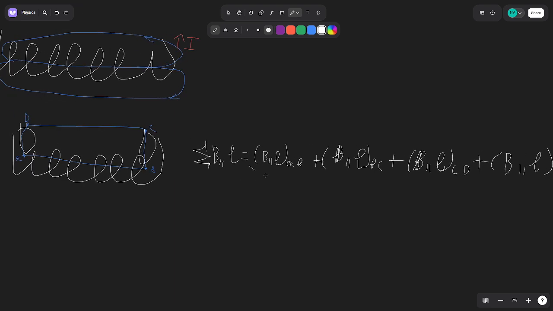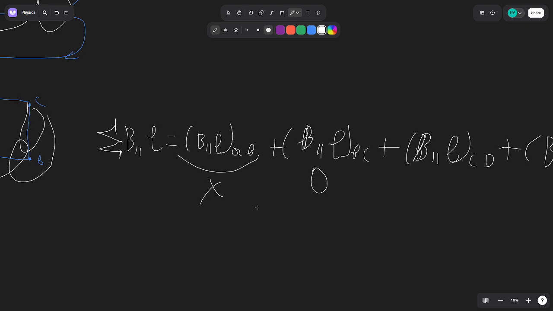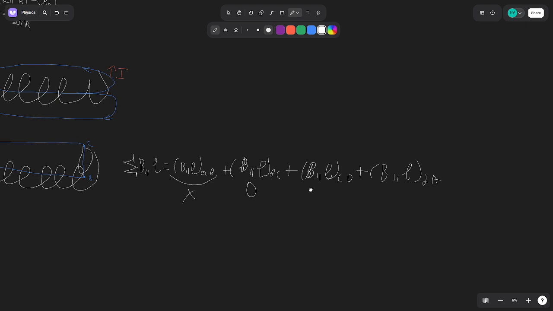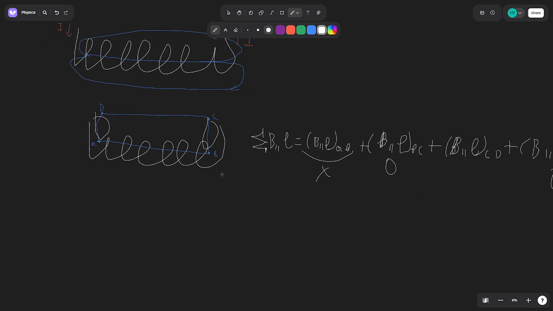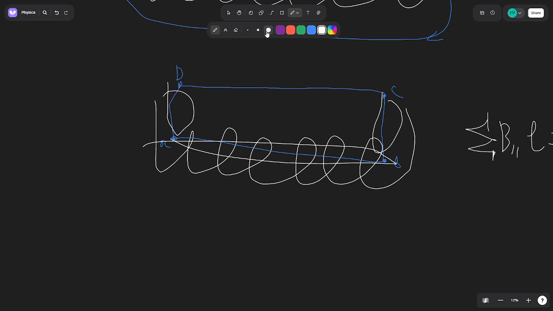So we got AB that's something, we got BC that's 0, then we got CD, we'll figure out about it later, and we got DA that's also 0 because it's perpendicular to the source of magnetic field.